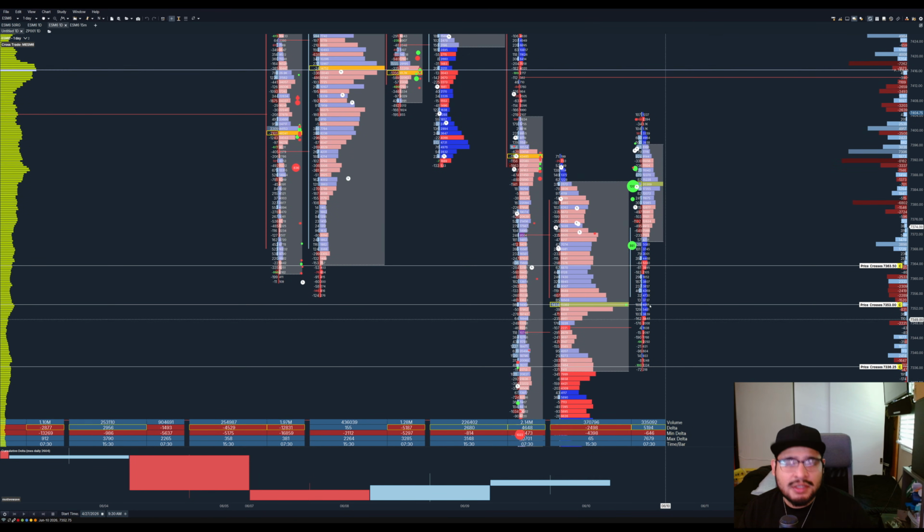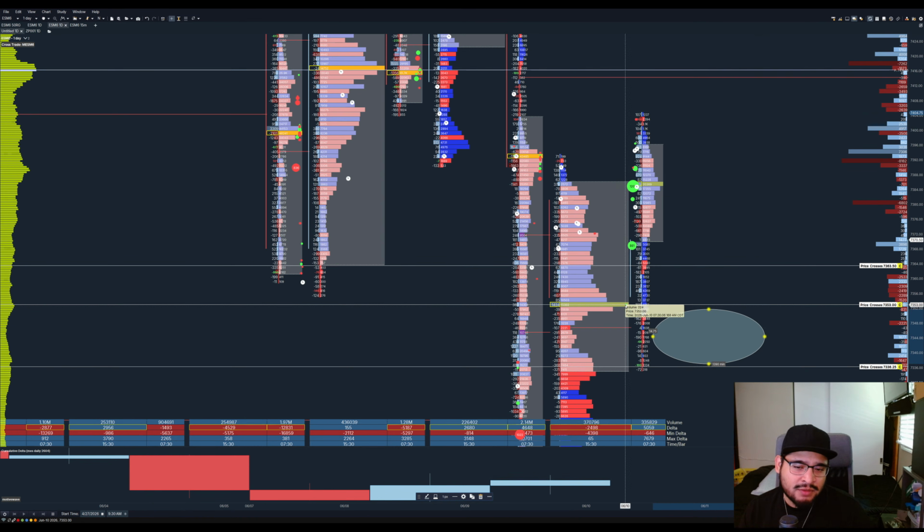There is some empty space here from yesterday's overnight point of control down to the overnight value area low. We did tap it, so we have some price action, but we don't really have a lot of volume down there.